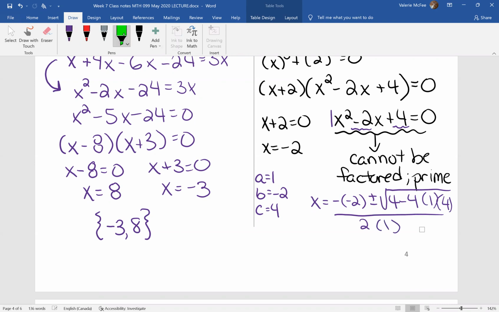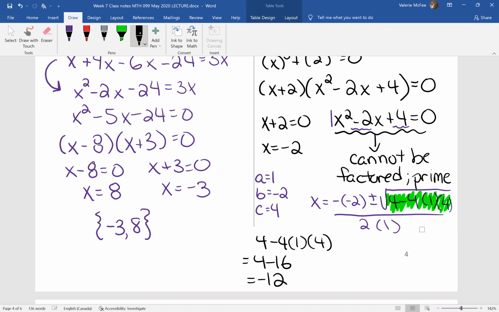I want to look specifically at this part under the radical sign. We have 4 minus 4 times 1 times 4. This is known as the discriminant. And we see that it's a negative number. Well, we've already talked about the square root of negative values.